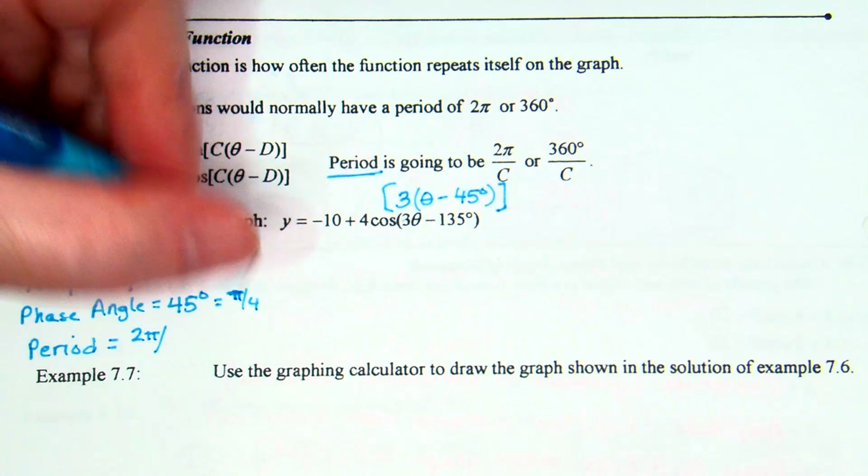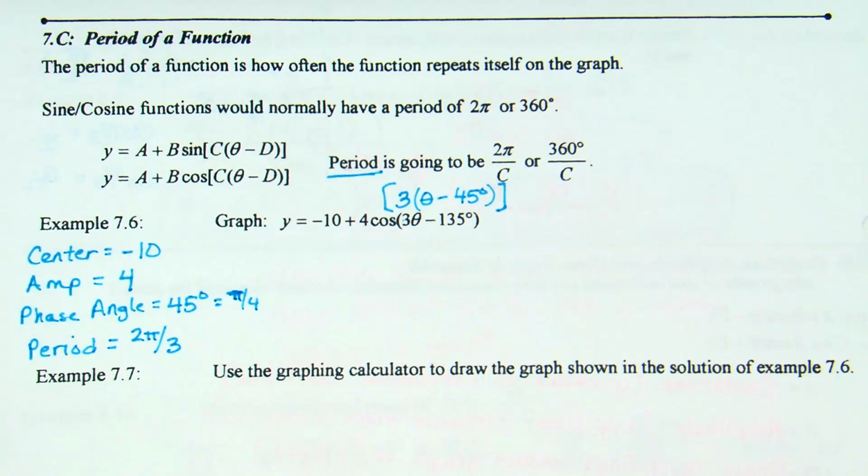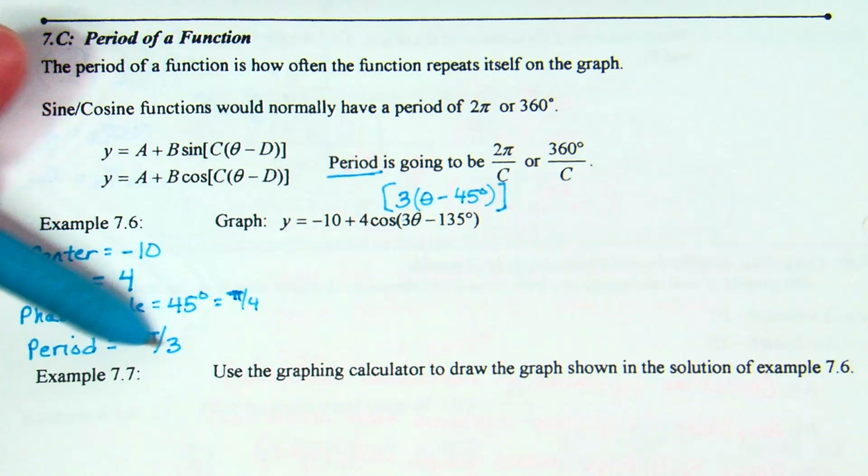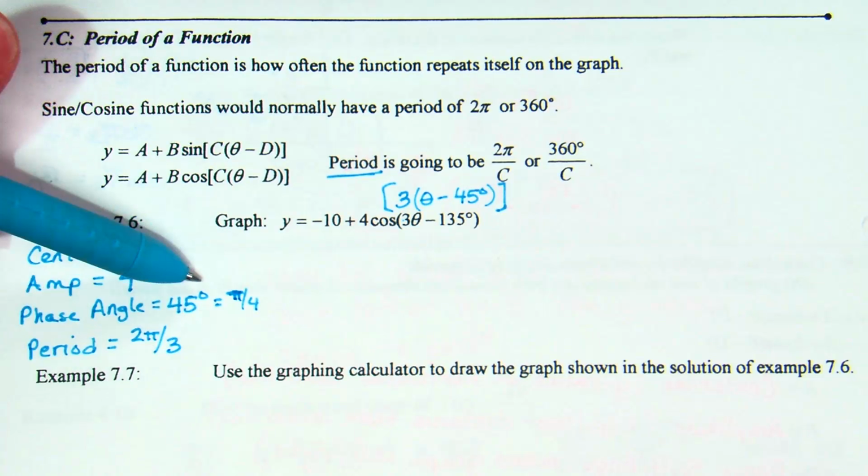Which, this one was actually listed in degrees, wasn't it? And the others were not. Based on the fact that I have a phase angle of pi over 4 and a period of 2 pi over 3, this is a good one to think degrees on. My opinion, at least. Because otherwise, graphing this gets a little difficult here. So if I think about a phase angle of 45 degrees, well, 2 pi divided by 3.